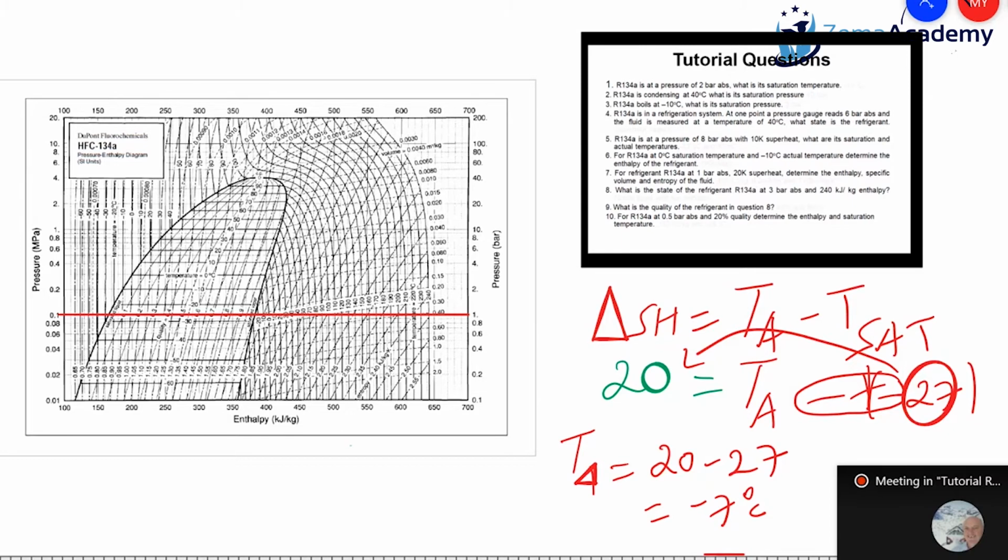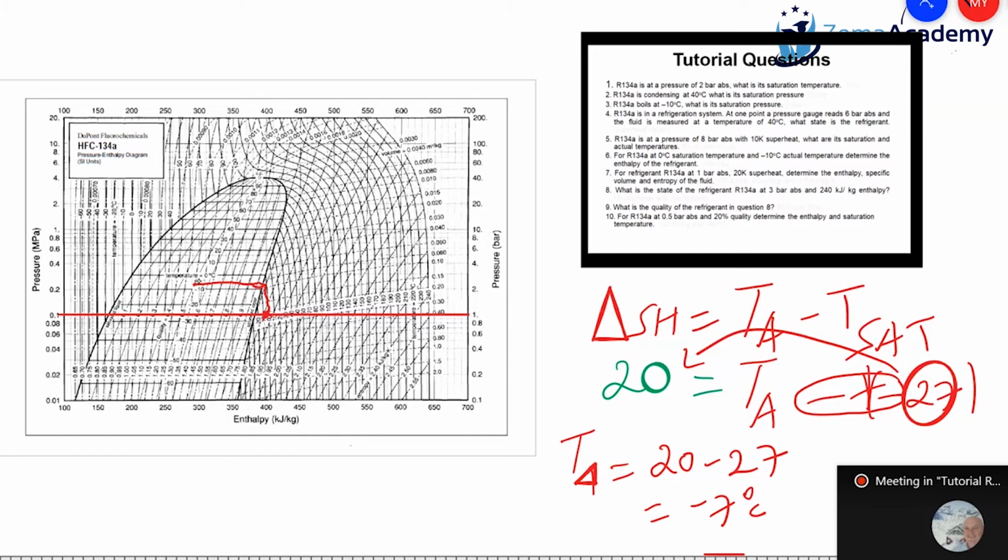So where do we have our minus 7 here? It's between 0 and minus 10, right? So somewhere here is where our minus 7 is. If we follow it down, we will cross the line somewhere here. Can you all see that?